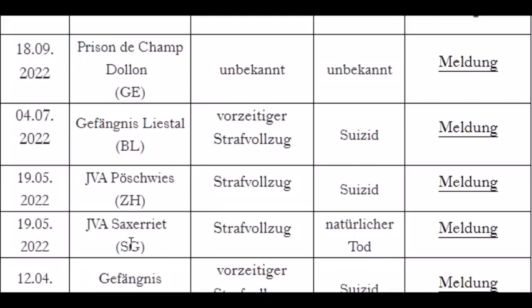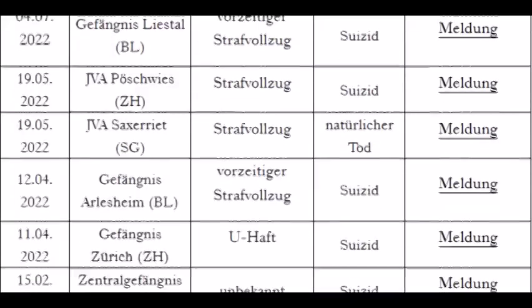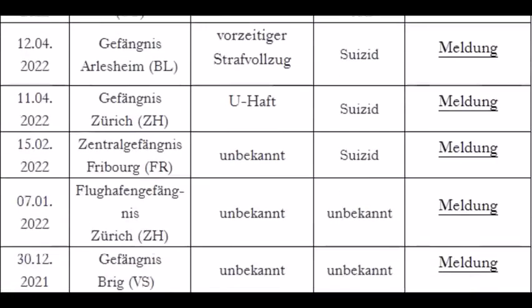Zurich here, this is SG, Sankt Gallen, where the grandfather of eugenicism came from, Ernst Rüdin. Some more suicide here, prison in Zurich, Gefängnis, it means prison. Baselland, Freiburg, suicide, unbekannt, they don't know.